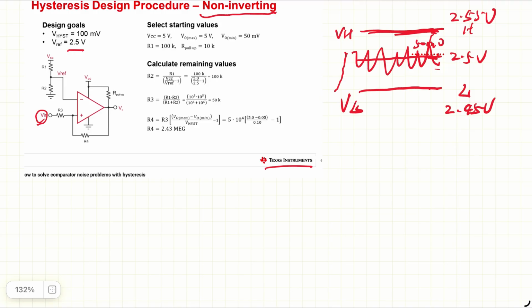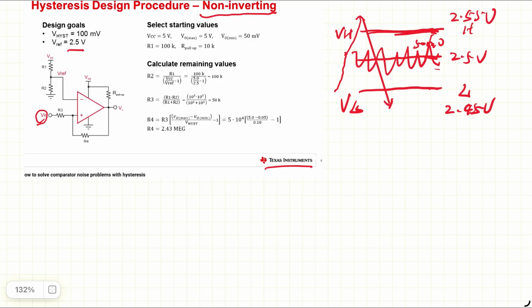Only when the input goes above the higher threshold, 2.55 volts, does the comparator output a high level. Same idea when the voltage is dropping: when it drops below 2.5 volts nothing happens, until the voltage keeps going below the lower threshold, 2.45 volts, and then the output switches to low.